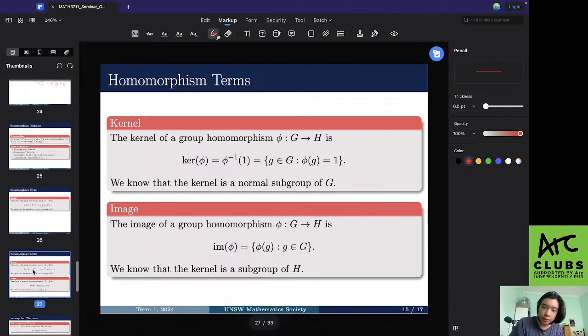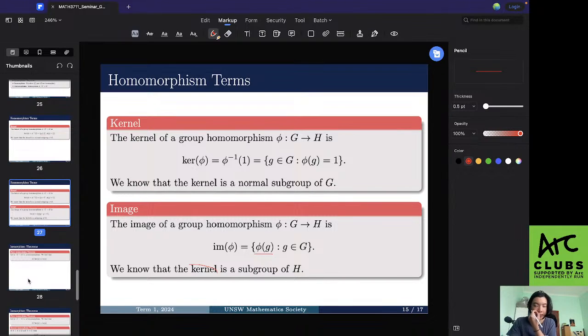The next thing is we have the image. That's pretty much if we put every single element from G through our function, what would the set of outputs look like? Every single output that's possible is in our image. The image is a subgroup of H.